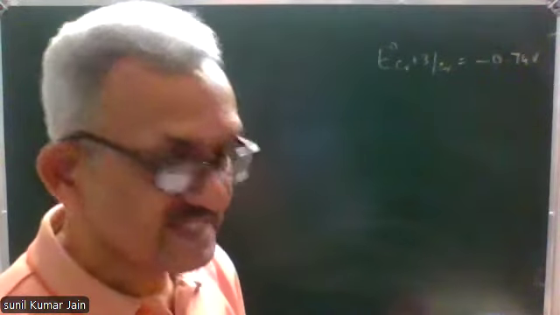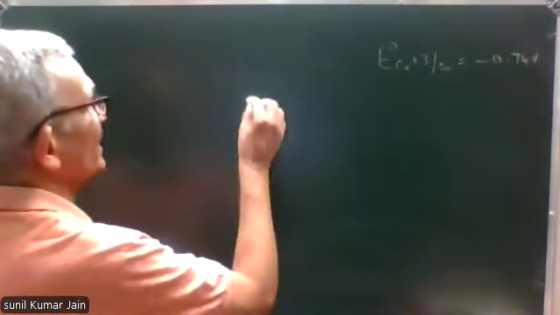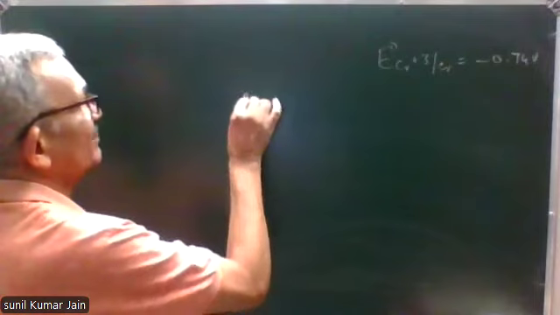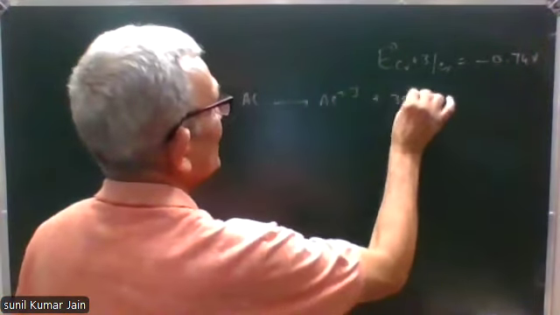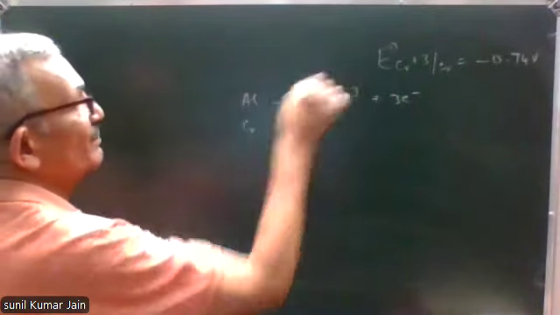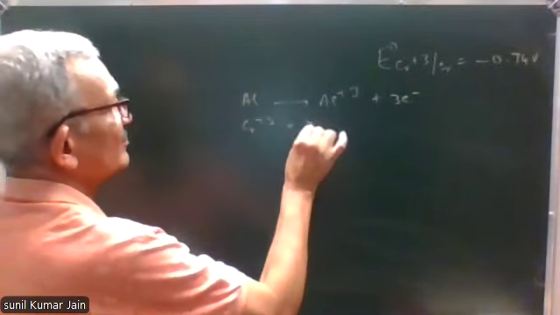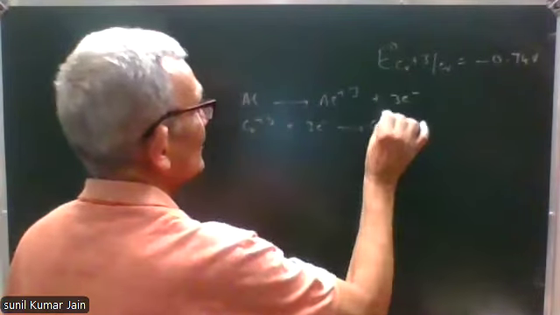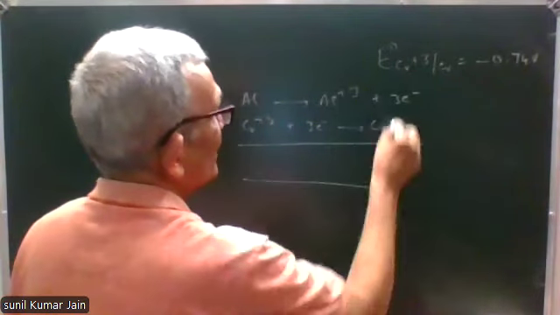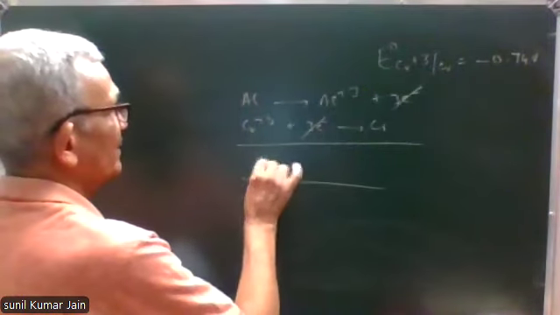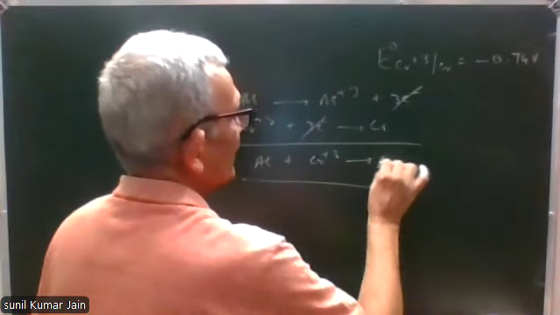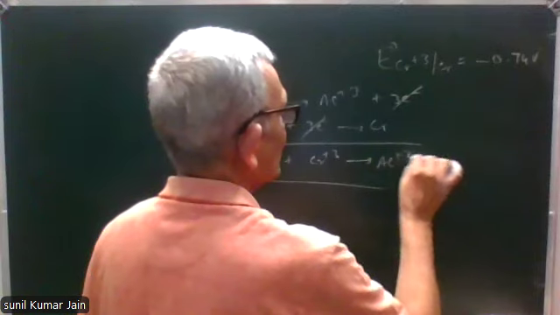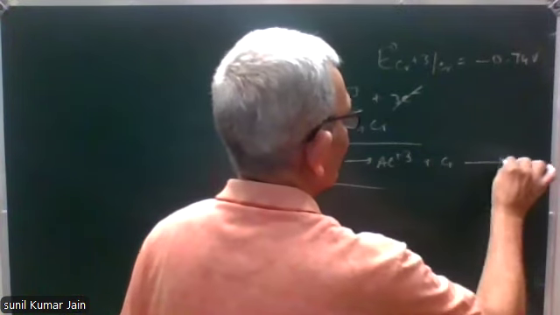So we have to give the cell reaction. For the cell reaction, aluminium atoms will be oxidized. Chromium ions will be reduced. Aluminium plus chromium ions give aluminium ions plus chromium.